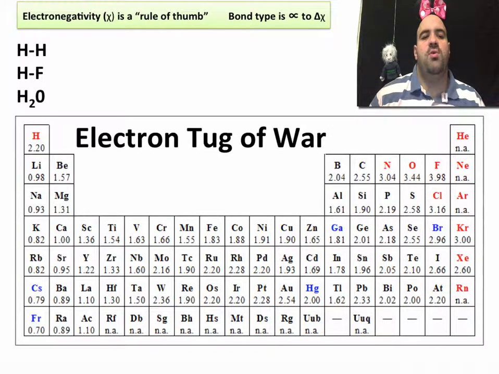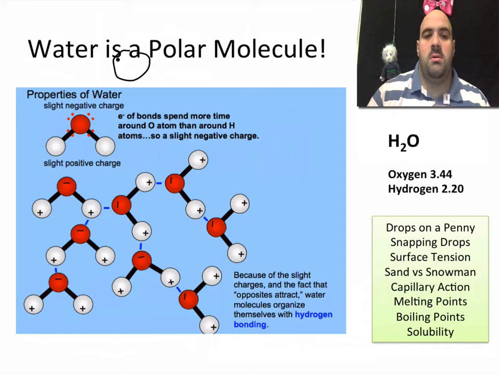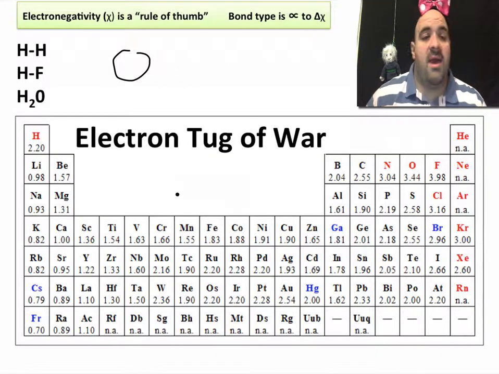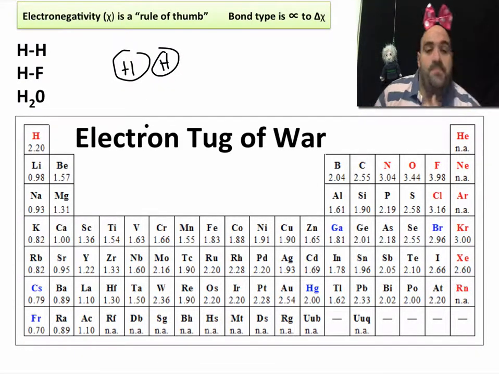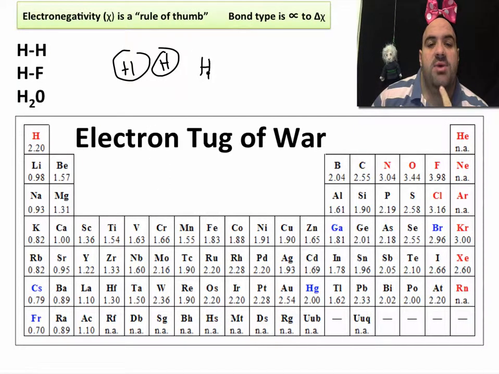We know that 2 hydrogens will bond together as a diatomic molecule. So you basically just have an H and an H bonded together, and they're sharing an electron pair. This is a hydrogen-hydrogen bond. They're sharing their pair of electrons.